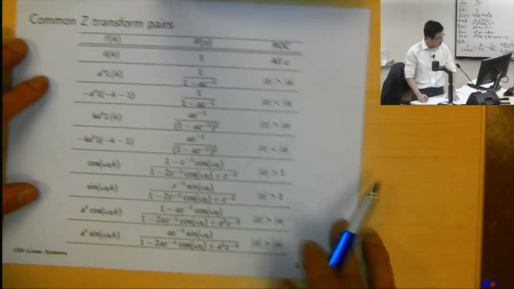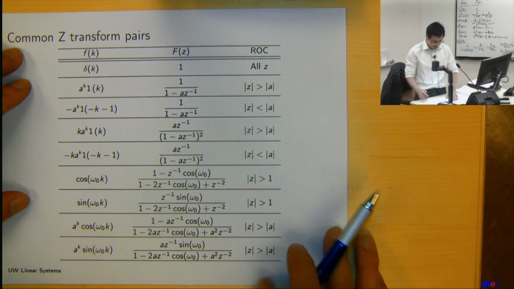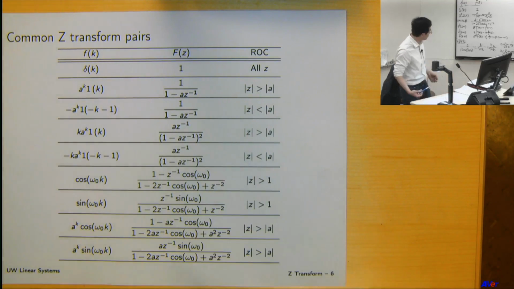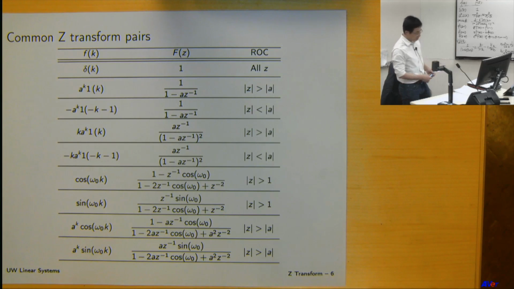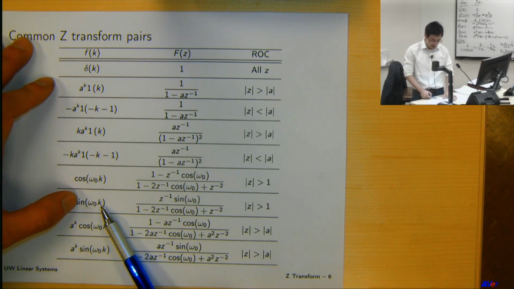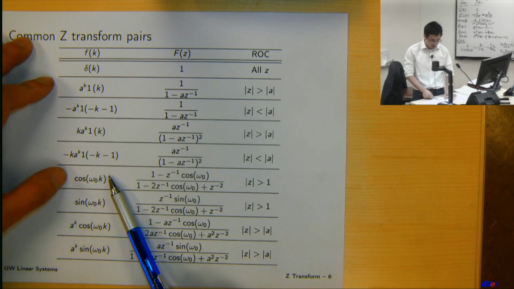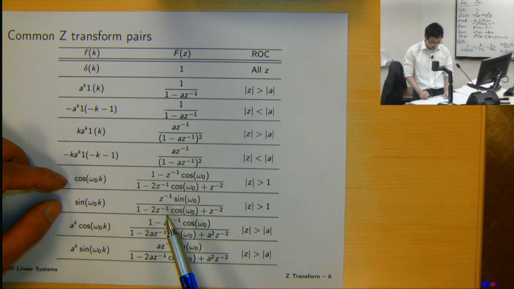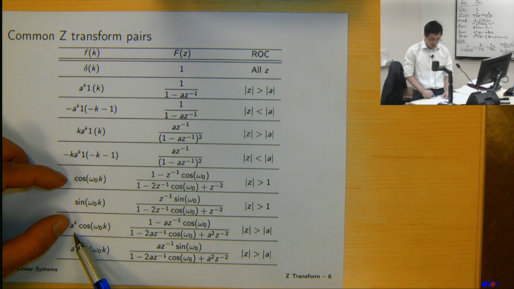With these properties introduced, these are the common Z transform pairs. It's extending a little bit of what I wrote down here, so it covers more, like what a sine looks like. So it's similar to a cosine, and then in the numerator it's slightly different. If you have scaling built in, this is using the property immediately.